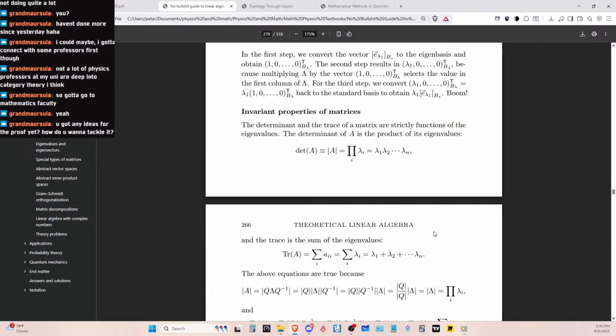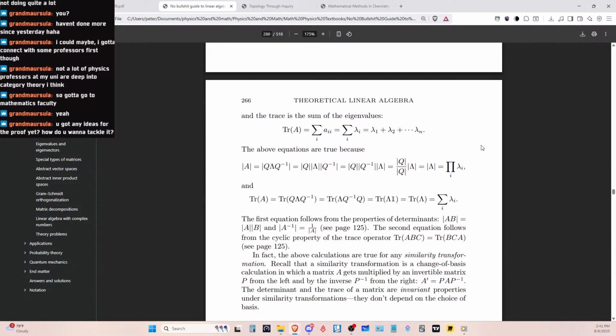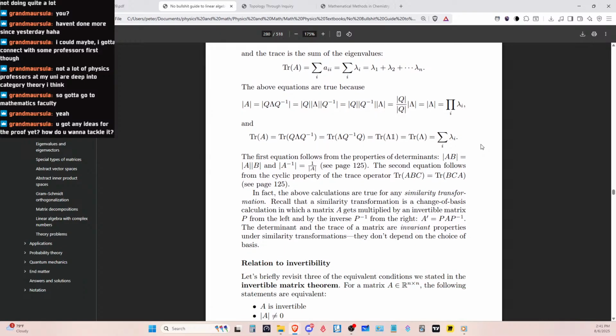So basically, the determinant is the product of all the eigenvalues, while the trace is equal to the sum of the eigenvalues. That is very, very interesting. I don't think that helps us, but it's intriguing to find that.